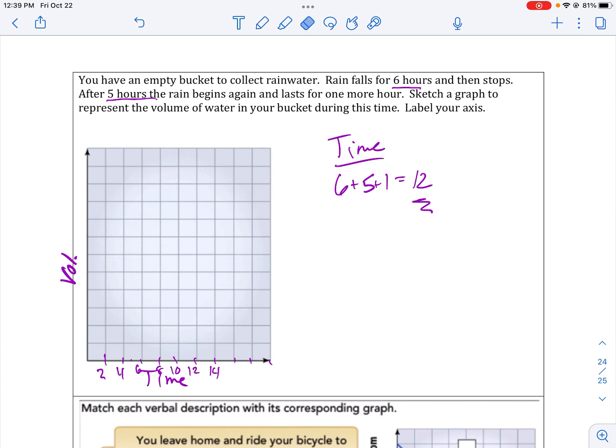It rains for 6 hours right there, then stops for 5 hours. So 5 is halfway between, so that's a total of 11 so far. 11 is halfway between 10 and 12, so that's why I stopped at that halfway point. And then it rains for 1 more hour. So that's what our graph should look like.